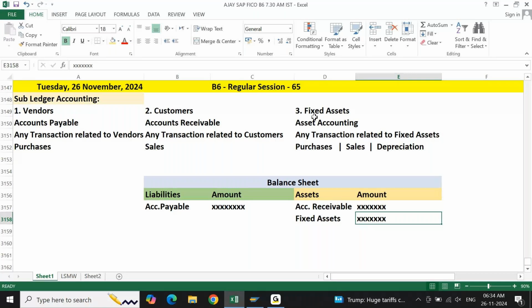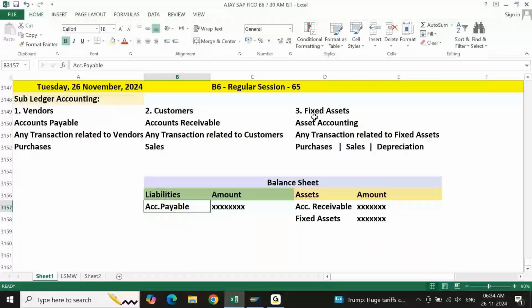Now here, when you are looking at liabilities first, we are writing accounts payable. In accounts payable, are we going to write vendor name in the balance sheet? We don't write, sir. In the balance sheet, under liabilities side, we are not going to write vendor name in any financial statement.